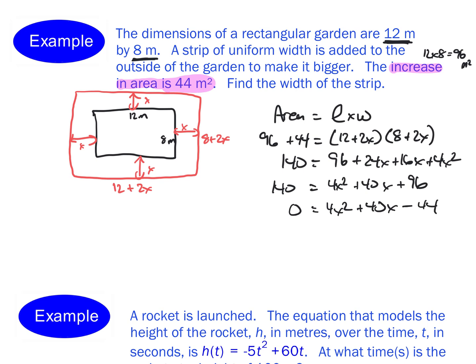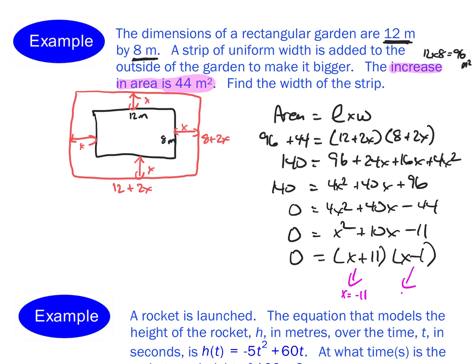And each of those terms is divisible by 4. So dividing them by 4, you get x squared plus 10x minus 11. And then, okay, well, what multiplies to minus 11 and adds to 10? Well, it's going to be x plus 11, x minus 1, and working this out, you're either going to get minus 11 or you're going to get 1.